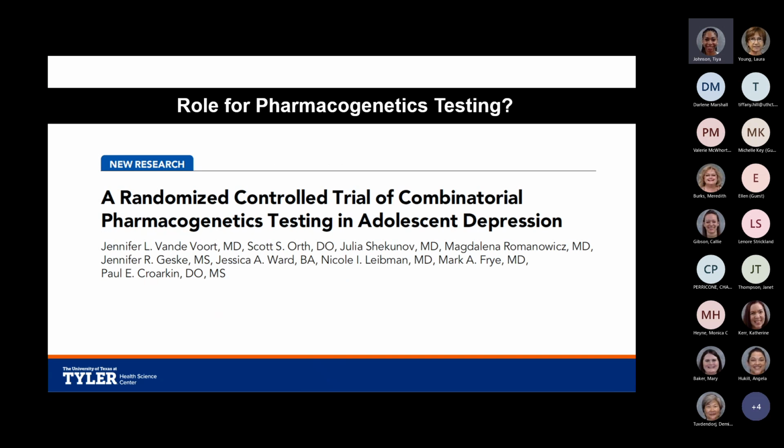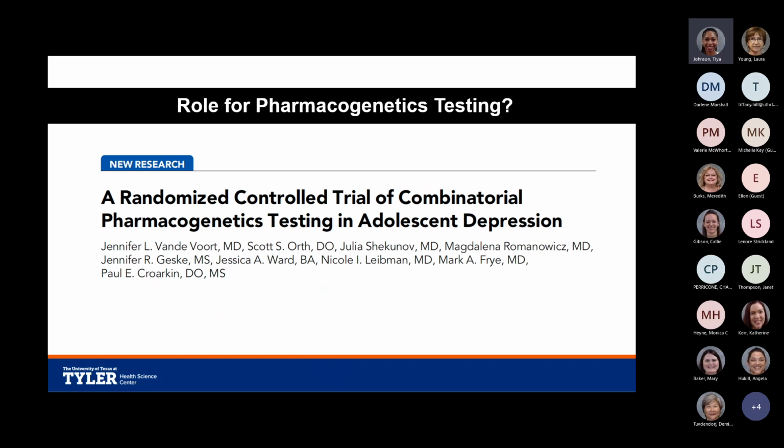Now, regarding pharmacogenetic testing, which I know a lot of people have heard about, this randomized controlled trial was published in the Journal of the American Academy of Child and Adolescent Psychiatry in June of 2021. This study did not find any differences between the treatment as usual arm versus the pharmacogenetic testing arm regarding symptom improvement, side effect burden, or satisfaction.